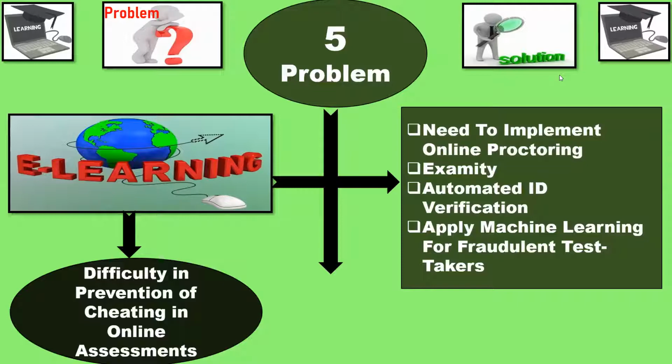That is what we generally do in an online proctoring system. We also need to implement an automated ID verification system. Here, artificial intelligence will play a very important role. So we need to implement technology as far as cheating in online assessments is concerned.